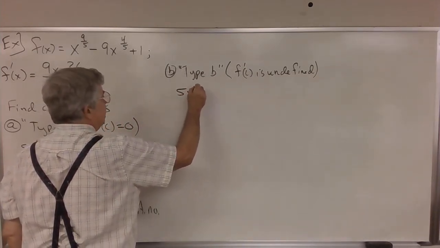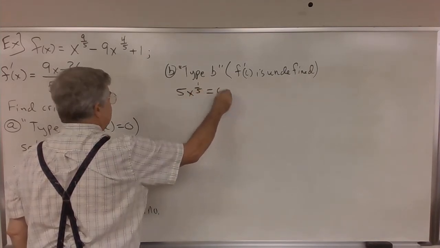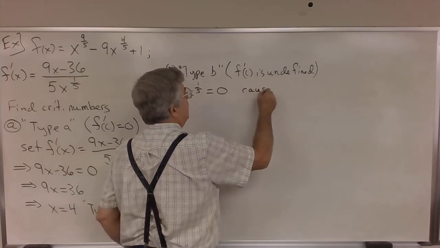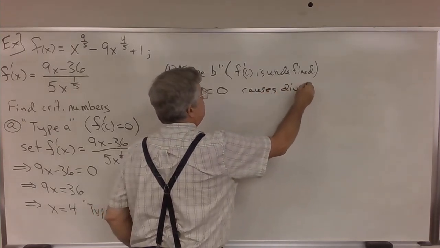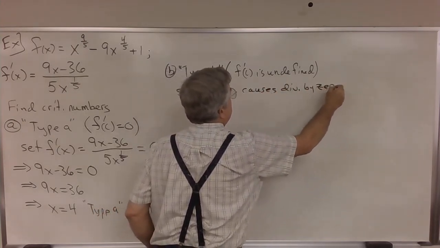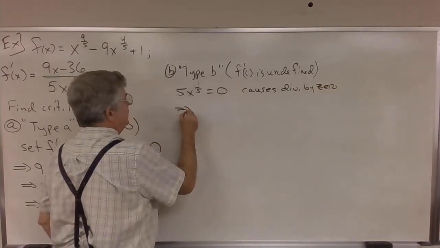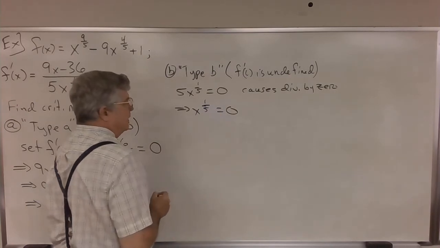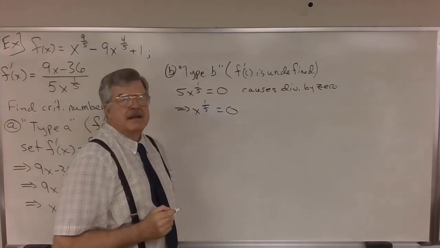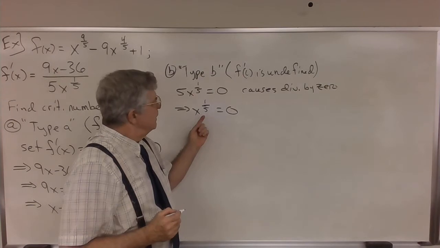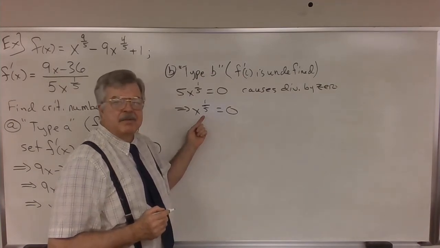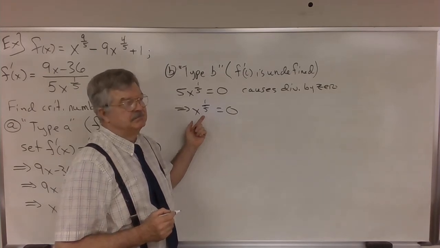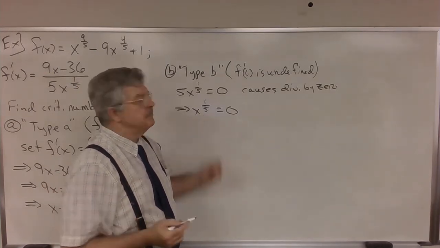And 5x to the 1/5 equals 0 causes division by 0. And that means x to the 1/5 is 0. Now, what number, when we multiply it by itself 5 times, gives us 0? 0, right?